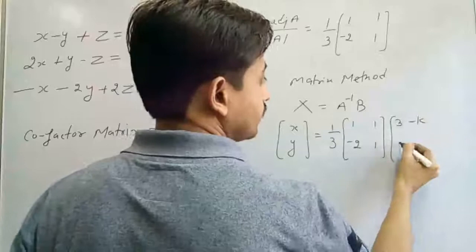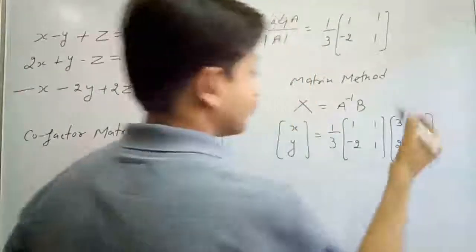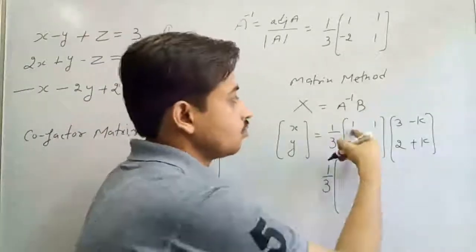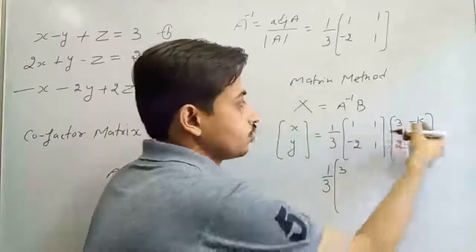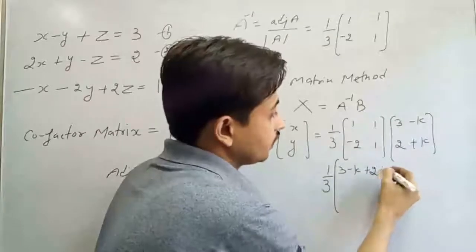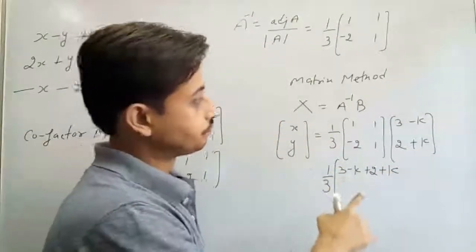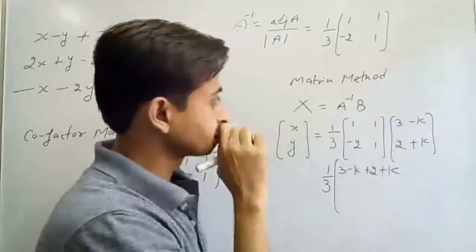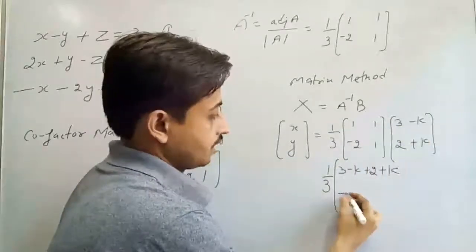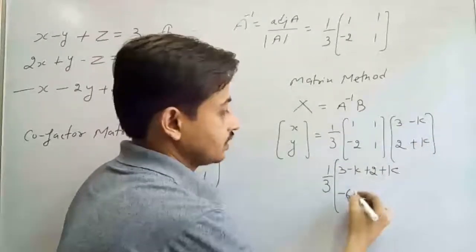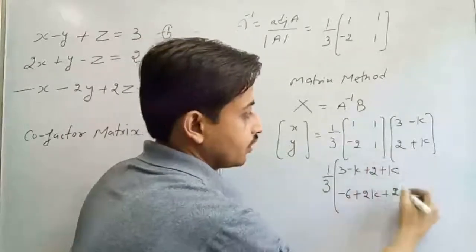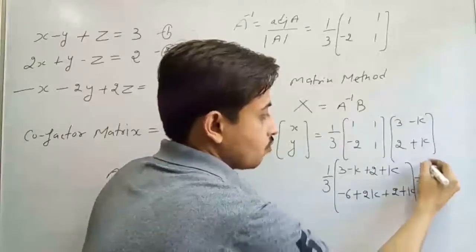Three minus K and 2 plus K. Now solve this. 1 by 3 multiply: 1 into 3 is 3, 1 into minus K, now 1 into 2 is 2 and 1 into K is K. Solve this. Now minus 2 into 3, minus 6, minus 2 into minus K, plus 2K, 1 into 2 is 2 and 1 into K is K.